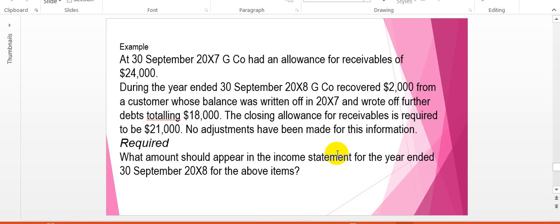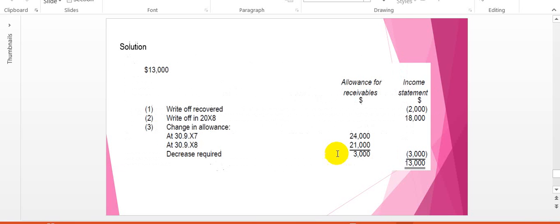On the other hand, since the allowance is reducing from 24,000 to 21,000, the reduction in the allowance will also increase our profit and loss in the income statement. So the allowance balance will now be 21,000.